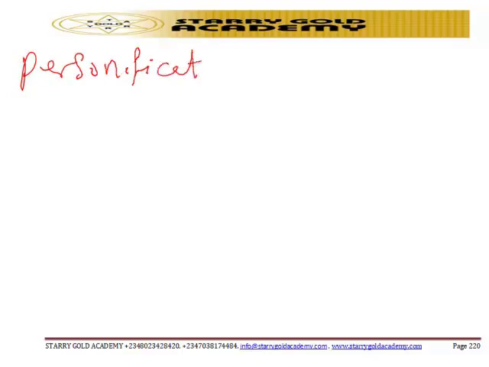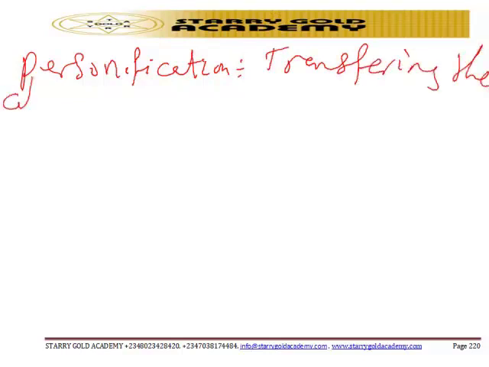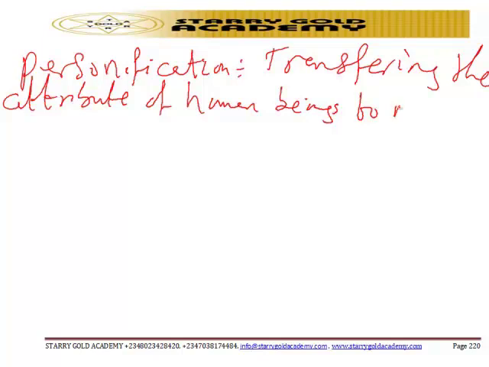Personification is transferring the attributes of human beings to non-human beings, to non-living things, to inanimate objects. I'll give you an example.